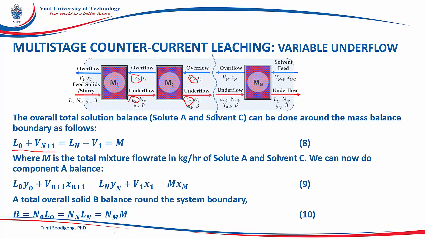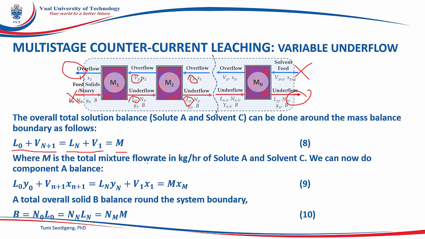The input will be equal to the output, which we will equate to some mixture M. So the input streams, which is this stream plus this stream, will be equal to this stream and this stream, which are the output streams, and we will equate that to some mixture M.